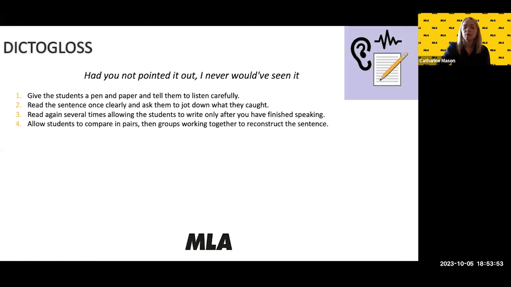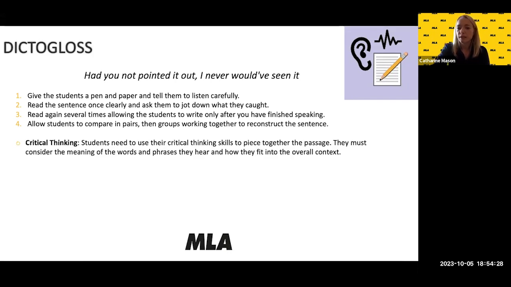And here's where they're going to pick up on something I heard that you didn't. They're going to repeat the sentence to each other, how they heard it. And they will say things, if we look at this example, like the weak form of had you, and the would have instead of saying would have. These are the type of mistakes that they will find working in pairs or in groups and help each other with.